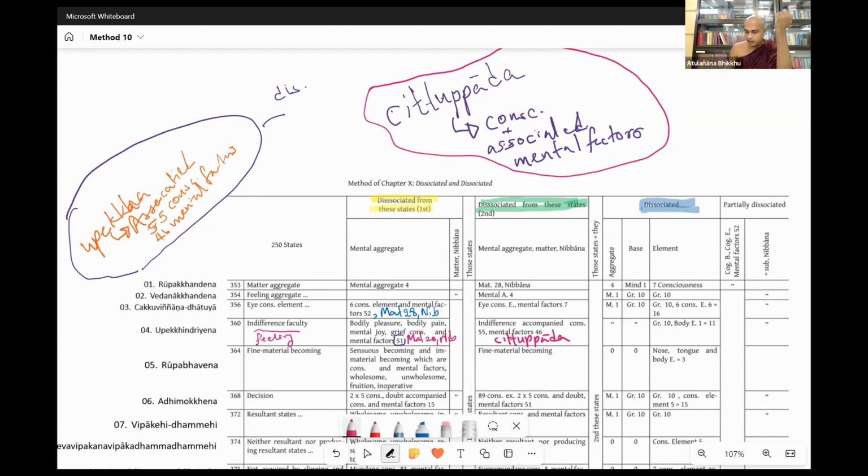And finally, we have the partial disassociation for these dhammas.